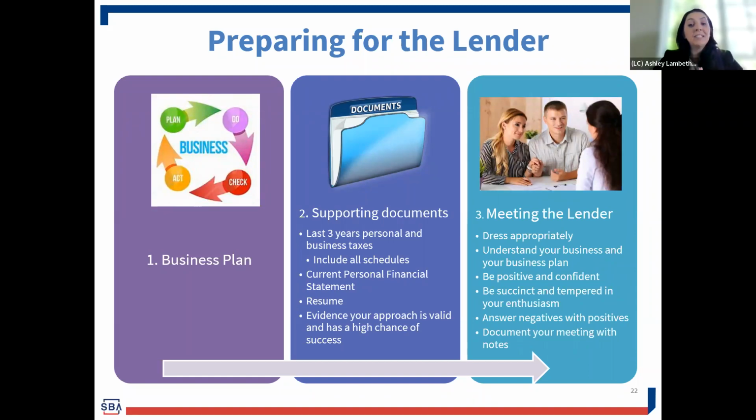You want to be positive and confident, be succinct and enthusiastic. You want to answer the negatives with a positive. There's no such thing as a perfect business, a utopian dream with no hiccups, no speed bumps, no risk. So you want to make sure that you address those.